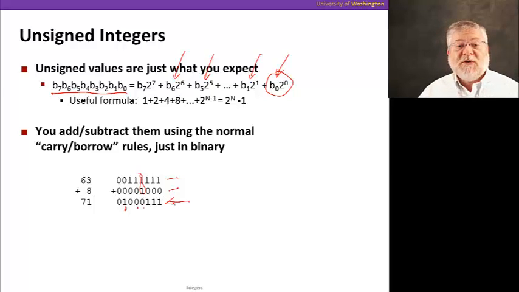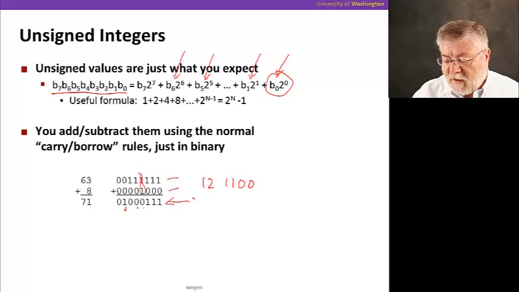To do subtraction, we do something very similar. Let's say we had the number 12 in binary, and we wanted to subtract 7. 7 is represented by 0, 1, 1, 1.